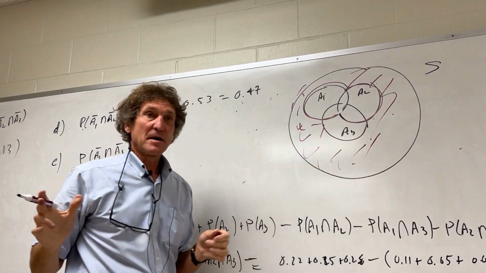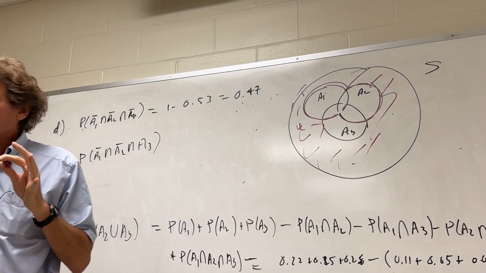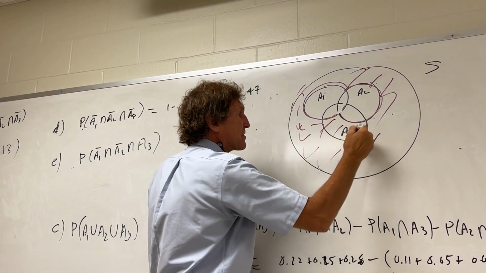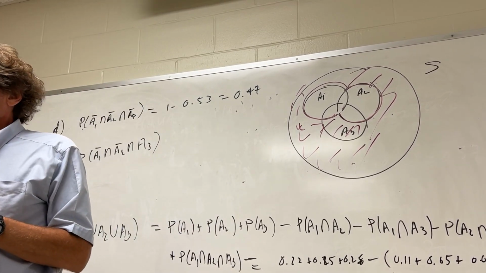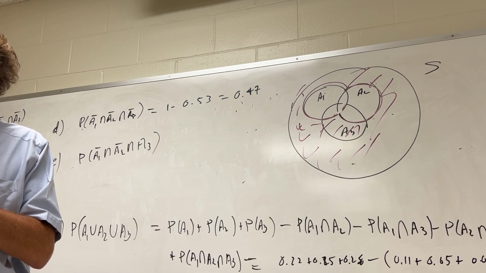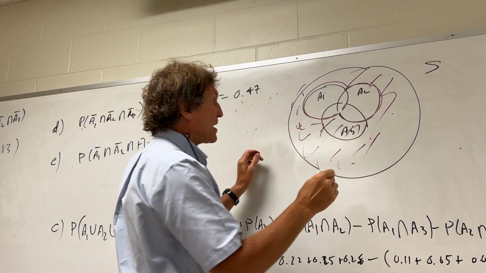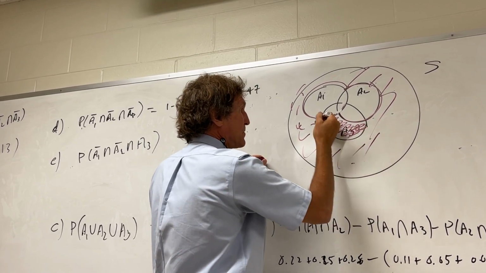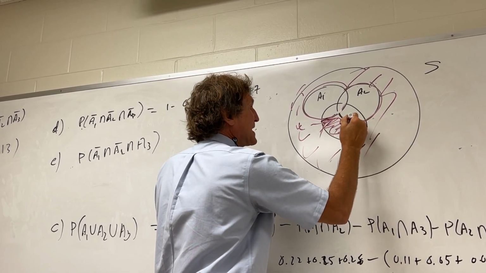Y'all follow me? Just take a look at that. If it's not A1 or A2, it's everything but that, including this right here, right? Y'all with me? Now, it says "and" is what? This right here. If it said not that, then we go outside that one, but it says "and" is this.